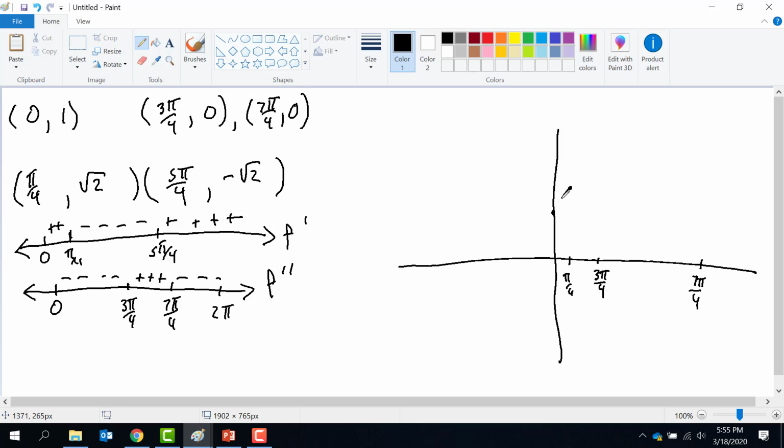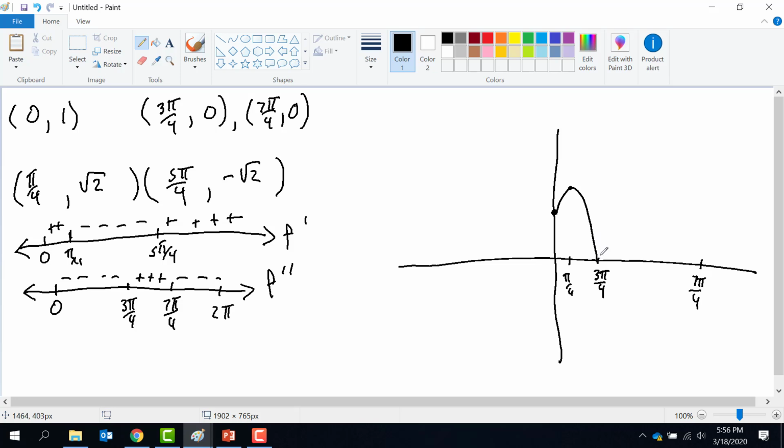So connect this with a nice concave down curve. Once you get past pi over 4, you start decreasing, and you continue to decrease until you get to 3 pi over 4. At 3 pi over 4, you are at 0, and you're still concave down.